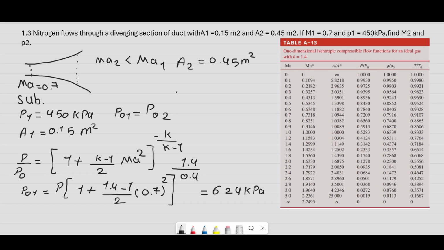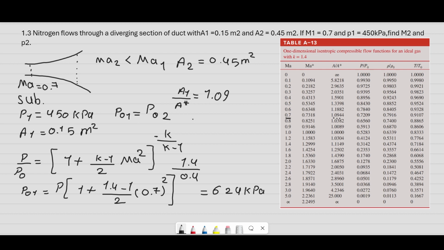And we also know that A star, which is the area required for the flow to reach Mach 1, is constant throughout an isentropic process. So A1 over A star, which can be found from this table, for Mach number at the inlet, which is 0.7, is equal to 1.09.